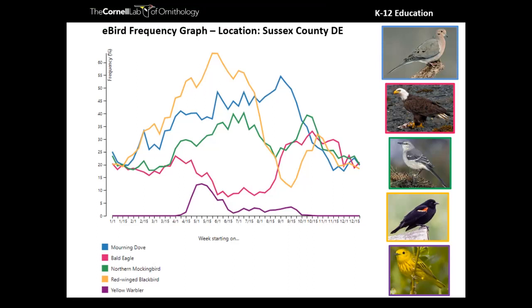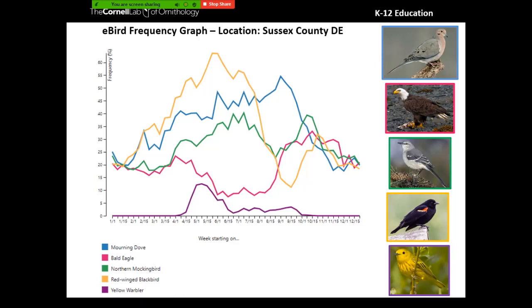So we can see down here, this is in Delaware. This is from a location in Delaware, so on the East Coast. Here we can see that this yellow warbler has a very different pattern from all of the other birds. So if we look at this, we can see no reports through April, then some reports, and it seems to disappear again in October.